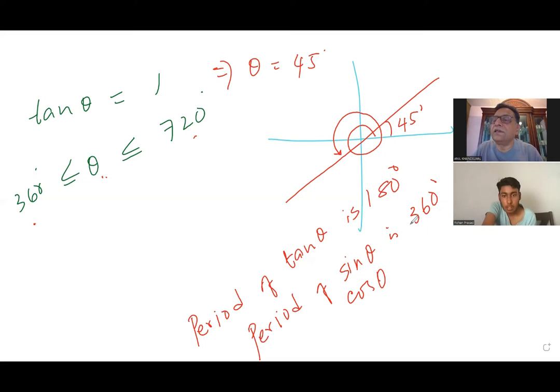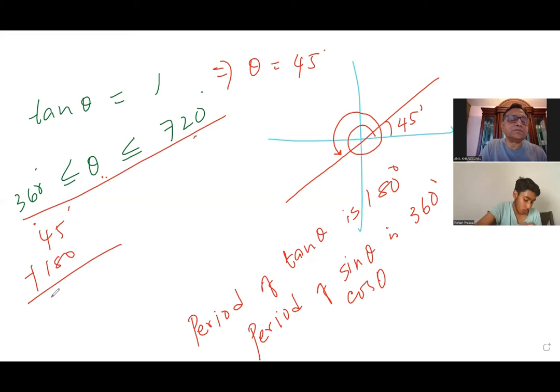Cosine and sine repeat after 360 degrees. However, tan repeats after every 180 degrees. You can keep on adding 180, 180, 180. So the first answer is 45. That is not within this range. Then you add 180. How much do you get? 225, which again is not within the range. So again you add.